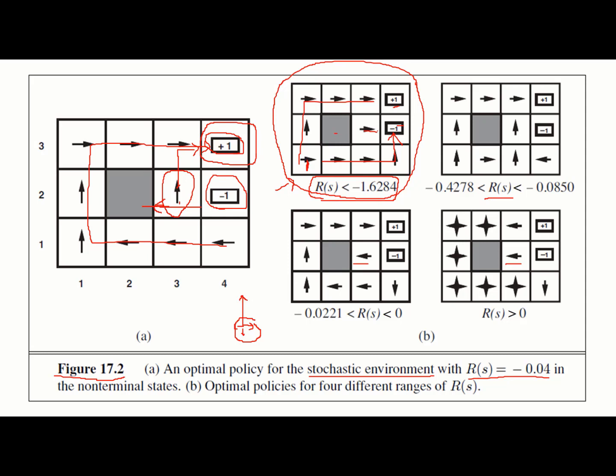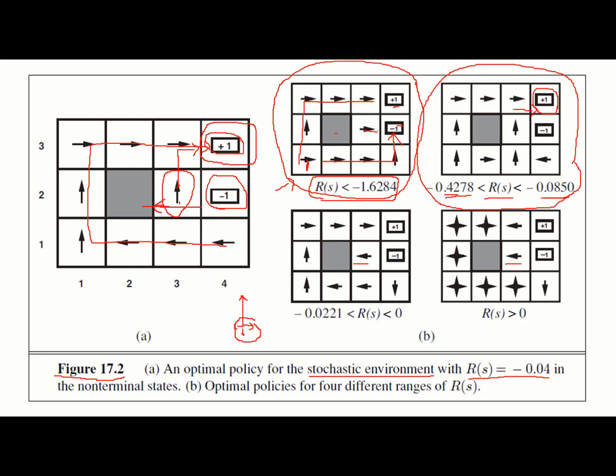Now the second case, when the reward is still a negative number, but a smaller one. It lies between -0.4 and -0.08. In this case, the strategy will be different. The policy of the robot is different: it is trying to find a path to the terminal state where the reward is +1.